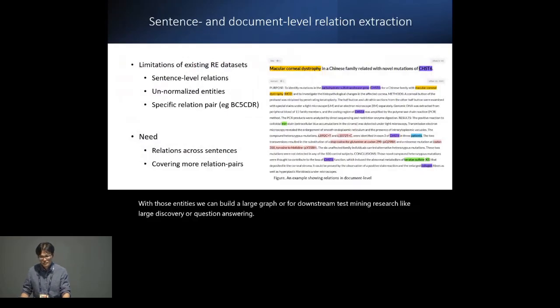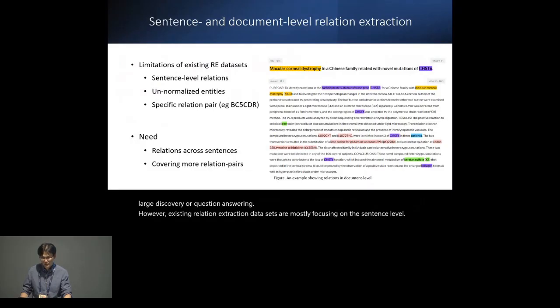However, existing relation extraction datasets mostly focus on the sentence level, which means the two entities co-occur in the same sentence. And mostly those datasets are normalized, not mapped to specific concepts.